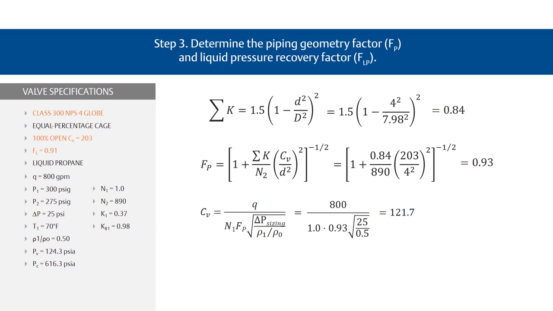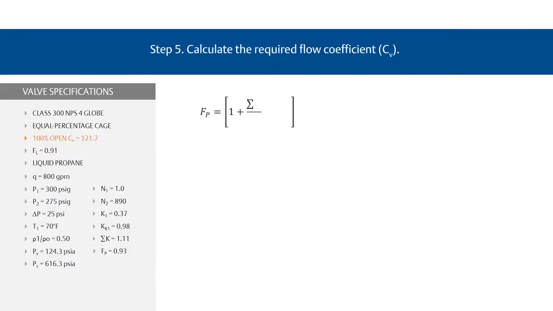There may be cases where a more accurate prediction of the CV is required. In such cases, the required CV should be redetermined using a new F sub P value based on this new CV. In this example, CV is 121.7. When we insert that into the equation, we get a new F sub P of 0.97.